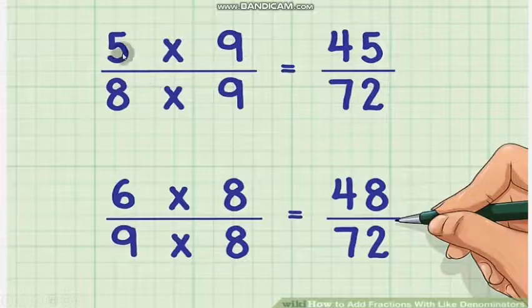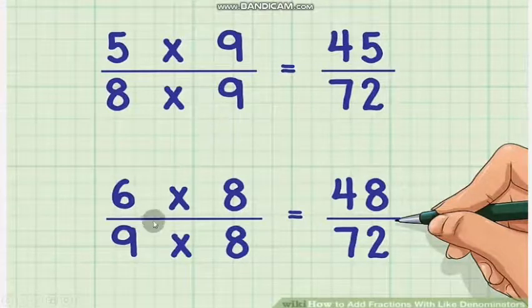For the fraction 5 over 8, to achieve the common denominator of 72, you multiply it by 9. Therefore, multiply the numerator by 9 as well, giving you 5 times 9 all over 8 times 9, which is equal to 45 over 72.